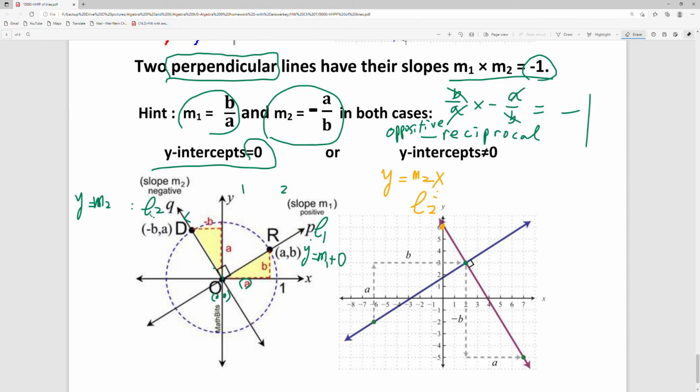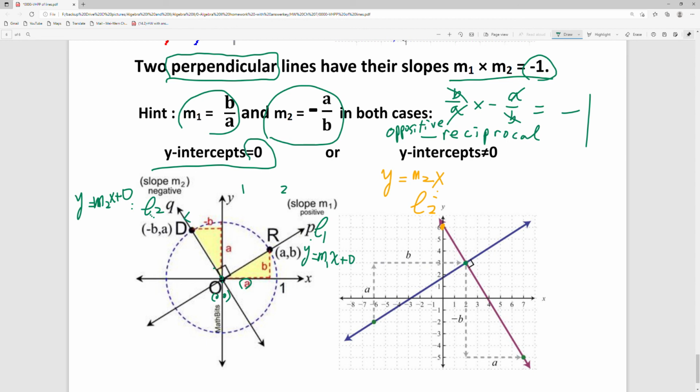So y equals m2x plus 0. And then the line 1 equation is y equals m1x plus 0, because the y-intercept is 0.